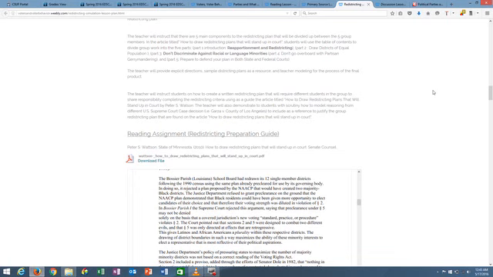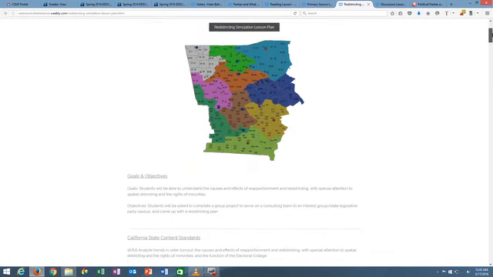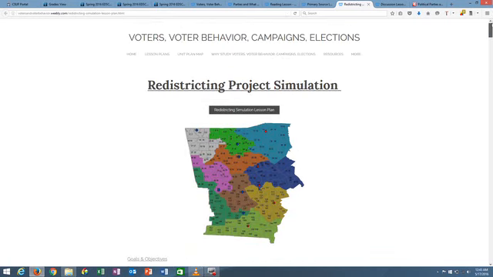So it's not going to be new to them when they get to the redistricting project. It'll be background knowledge that they have learned prior in the beginning lessons of the unit.